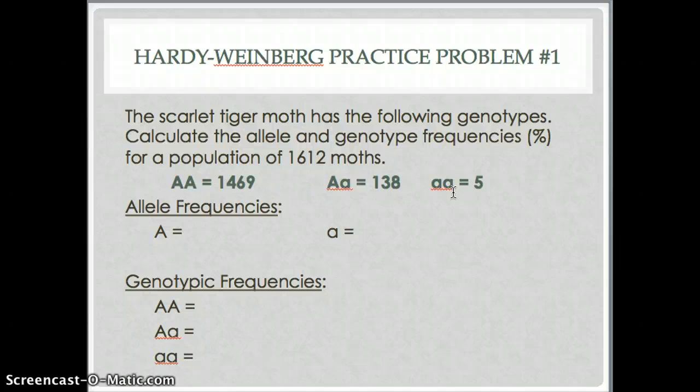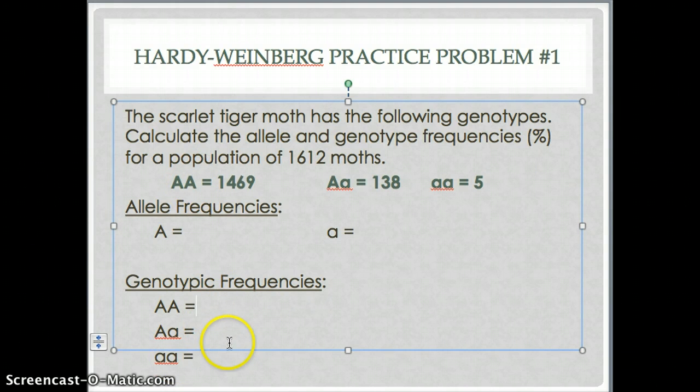Let's calculate the genotype frequency first, because all these are given to us. How we do that is we're going to take the number that they gave us from the entire population and divide it by the overall population size, which will be 1612.